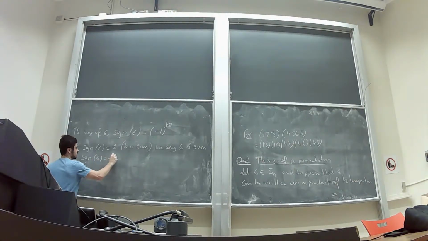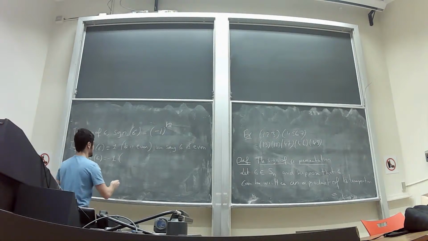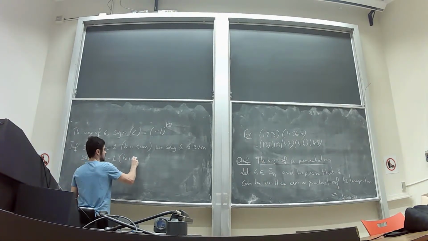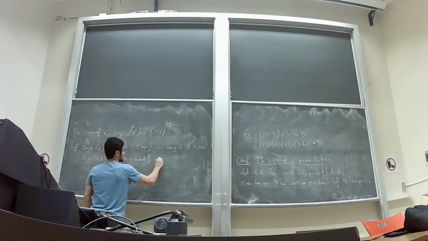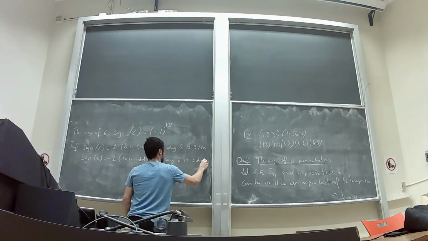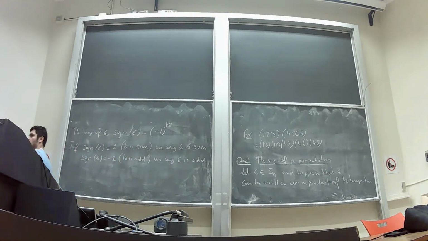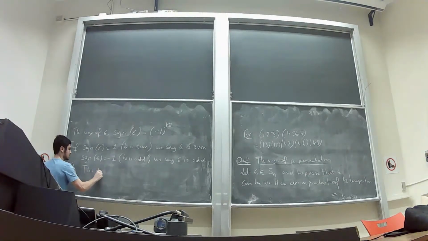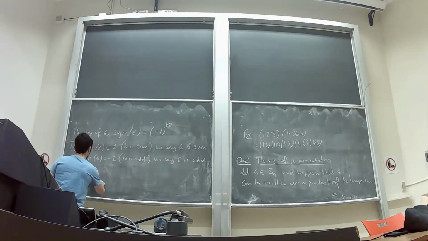The sign is equal to -1 when sigma can be written as a product of an odd number of transpositions, k odd. Now, there is a small thing here I'll get back to later: this definition, the sign, is well defined.